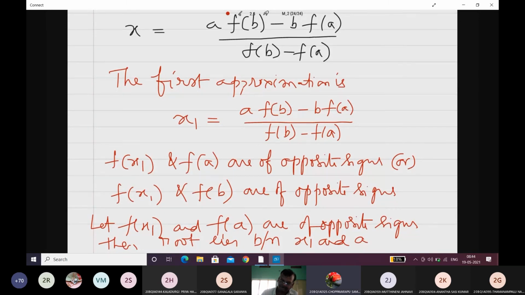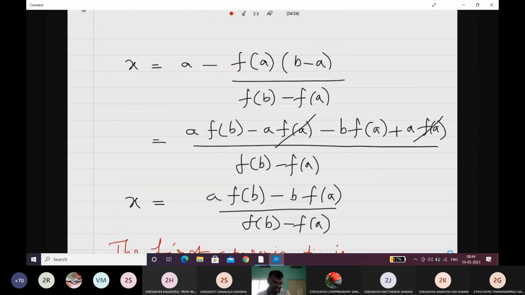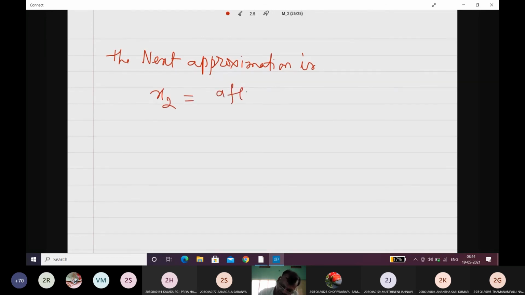Wait, sir. Now the next approximation is x2 is equal to a into f of x1, that is, in the formula we write x1 in place of b, minus x1 into f of a by f of x1 minus f of a.